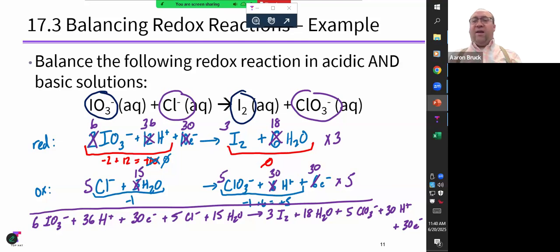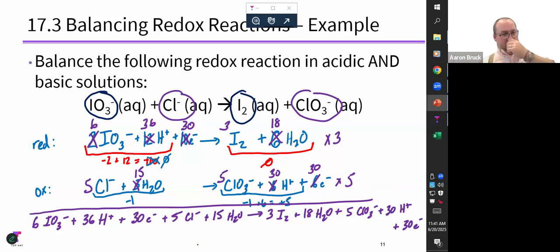Now, as we're writing this, as we're saying it out loud, pretty quickly we can see there's a lot of commonality on both sides. And so we need to get rid of some of that commonality. So the 30 electrons, obviously those cancel out.